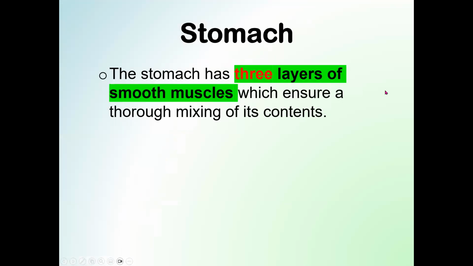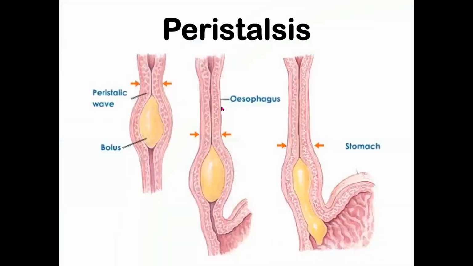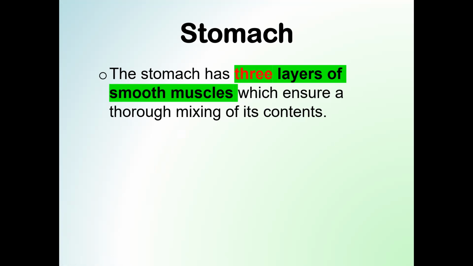Now, the stomach is very complex. It's got 3 layers of smooth muscle. And I should mention that these are also smooth muscle. The difference between smooth muscle and striated muscle is very important. Striated muscles are the ones that make us move, like when I move my arm.